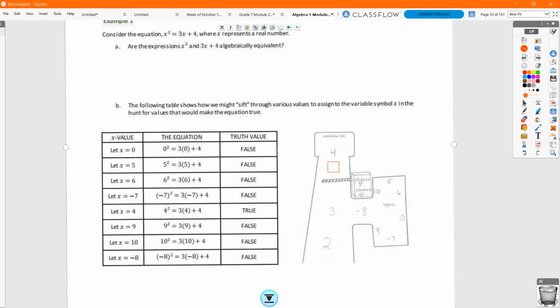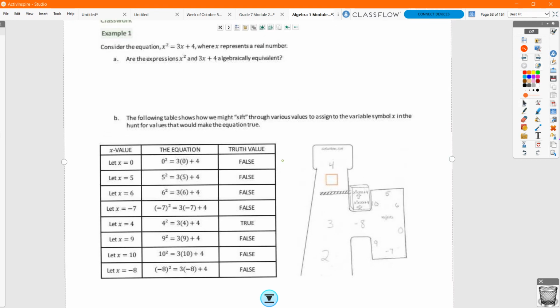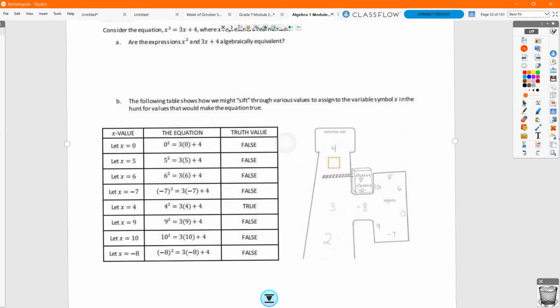Consider the equation x squared equals 3x plus 4, where x represents a real number. Are the expressions x squared and 3x plus 4 algebraically equivalent? In other words, can we guarantee that whatever value we substitute in for x will always be equal to each other? Can we guarantee that?